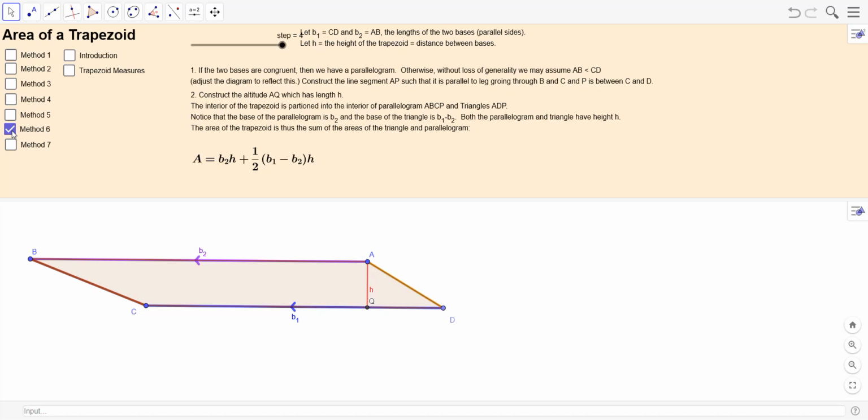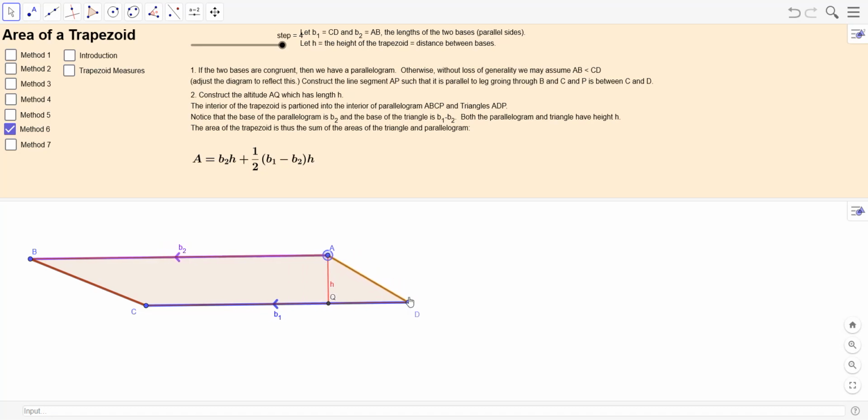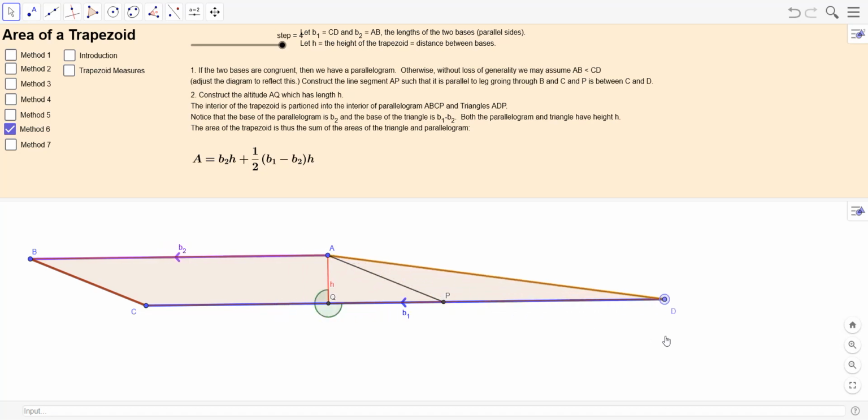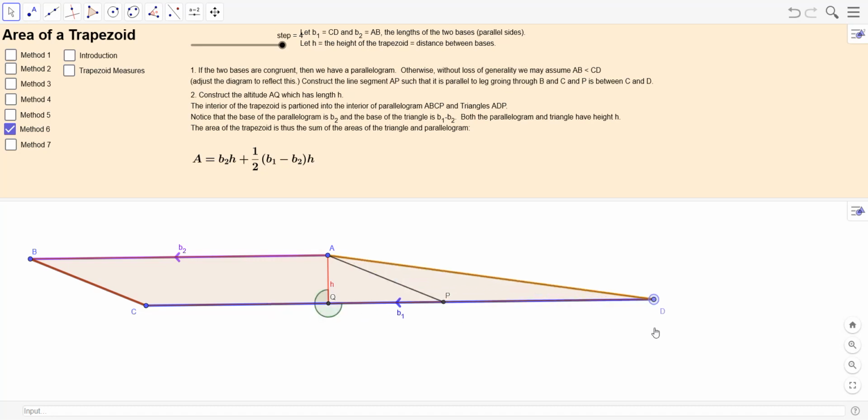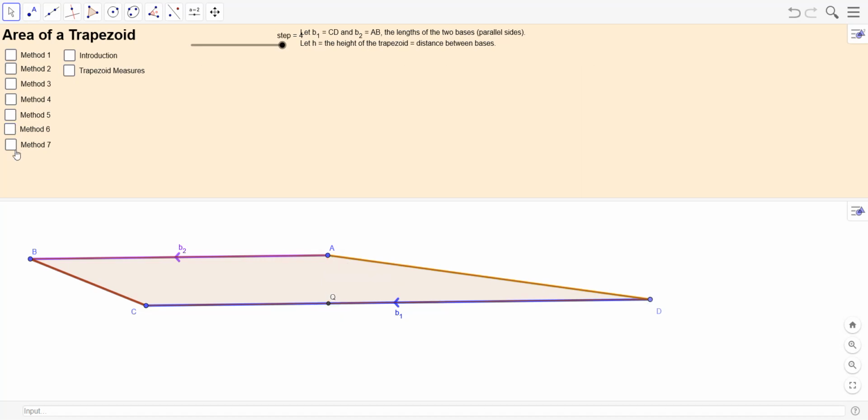A triangle and a parallelogram. We go there. If it was here, let's see, you want this one to work. You want this to be the longer side there. Okay, and then one triangle. So a lot of different ones.